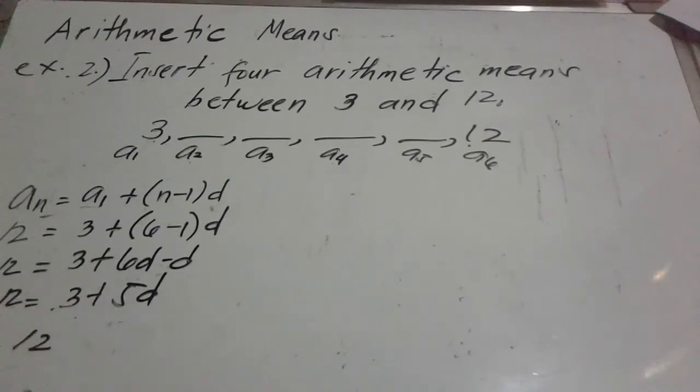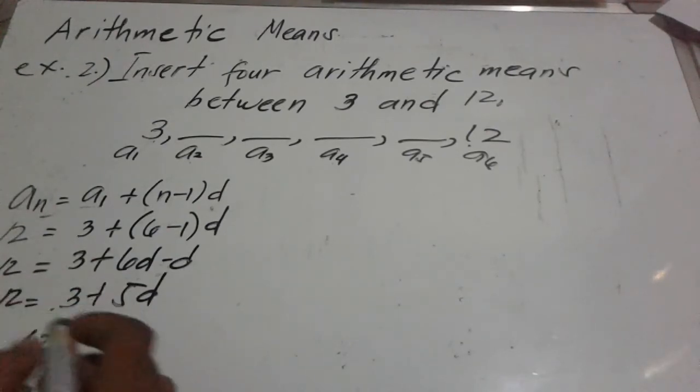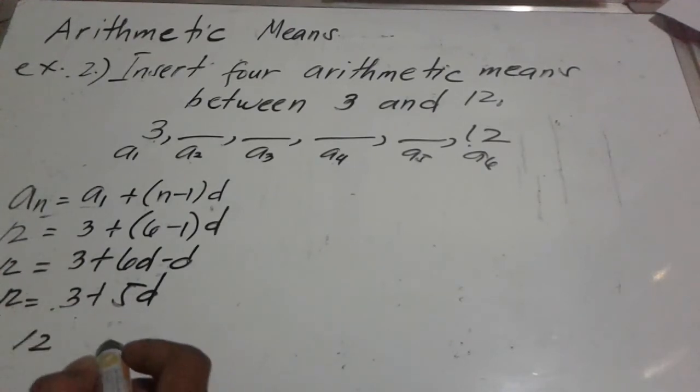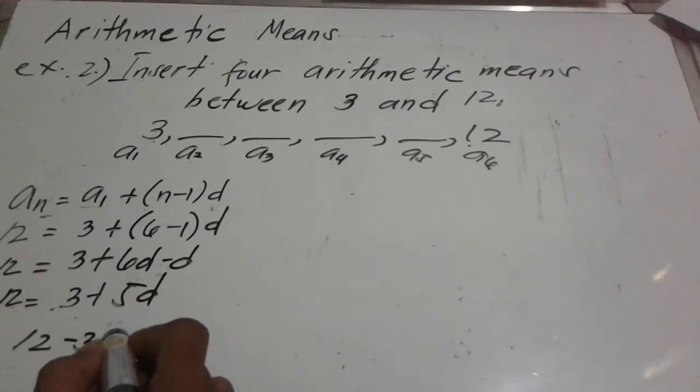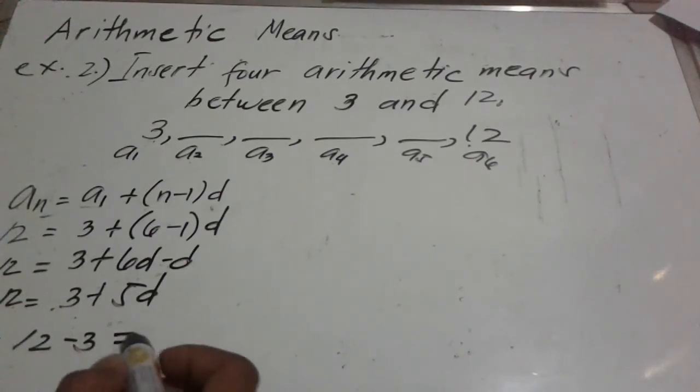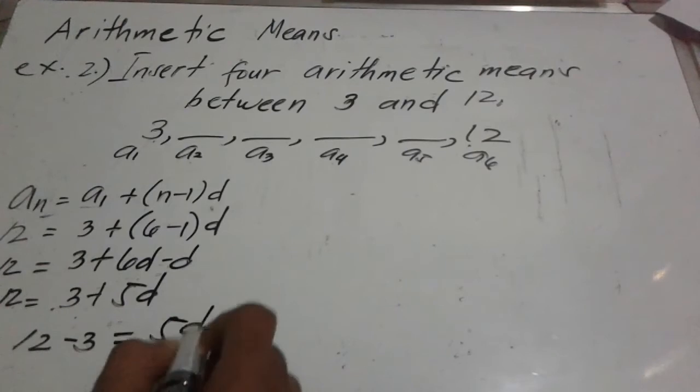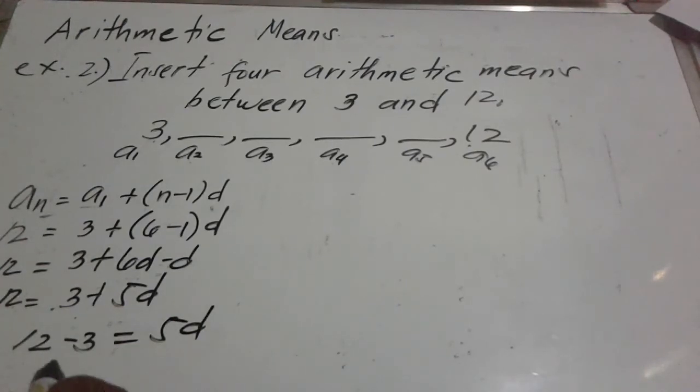Bring down 12, minus 3 equals 5d. 12 minus 3 is 9, then 5d.